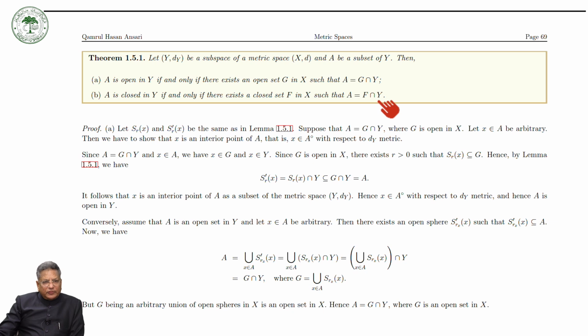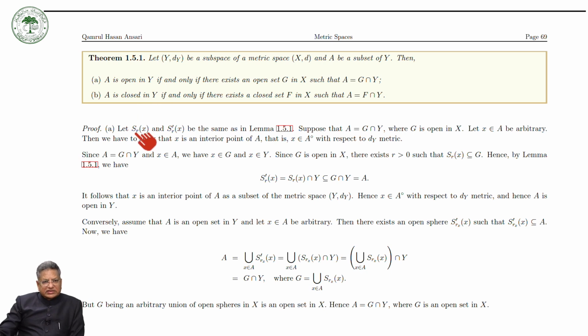Now, to prove these two statements, we will have to use the previous lemma. So let us prove the first one. To prove that A is open in Y, it means that every point of A is the center of some open sphere, open sphere with respect to dy, contained in it.